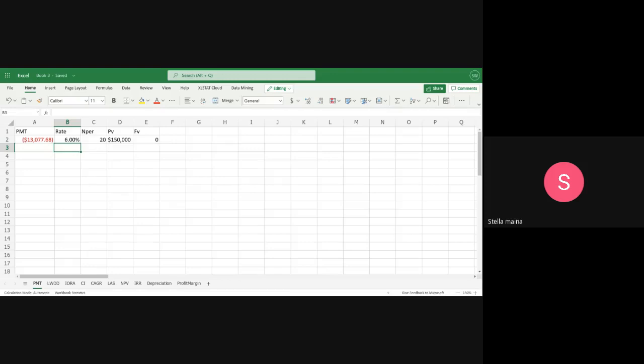Of course, the rate is going to be divided by 4, making it 1.50%. That is what we're going to start with, 1.50%. Then the number of periods is going to be 20 times 4, which is 80. And then the amount remains.